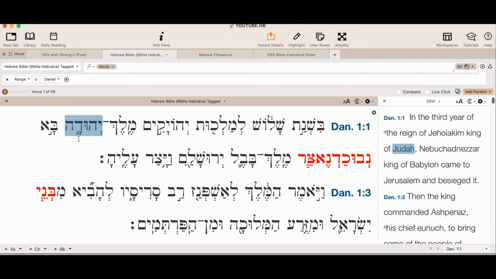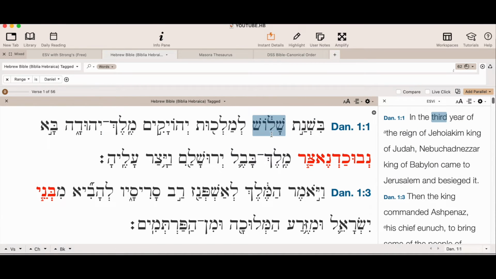It's not really true, but it is a major disjunctive accent which often occurs around the middle of the verse. Okay, but it's a major disjunctive accent, and when you see the atnach, there is a high probability that your translation will require punctuation. Okay, so let's see how this goes.